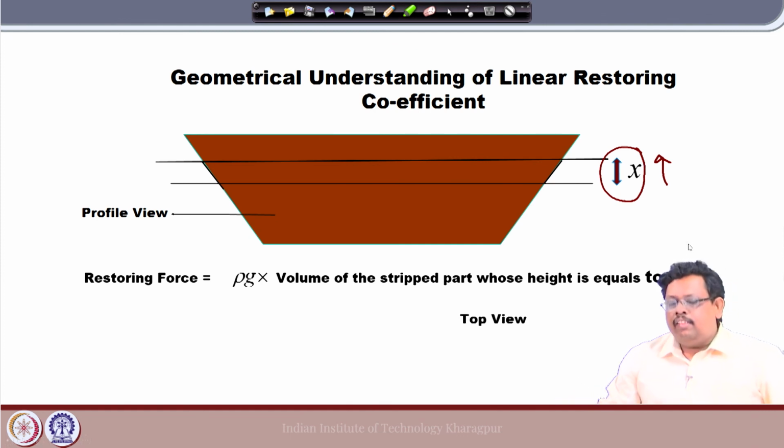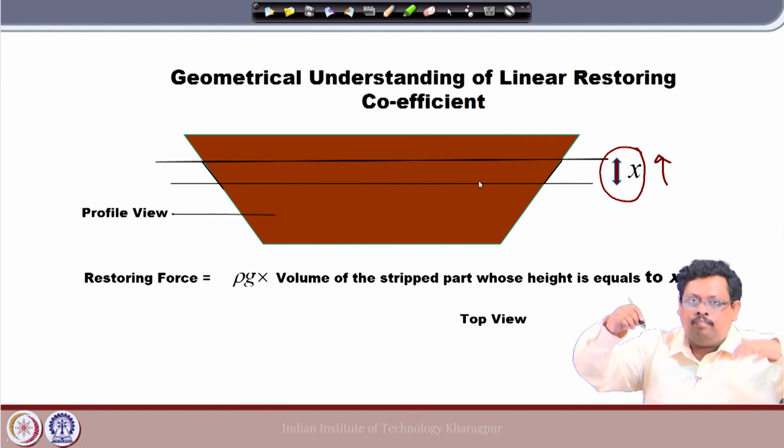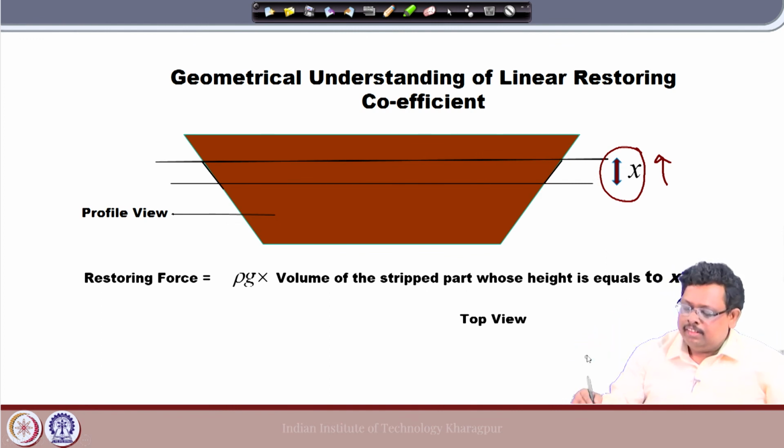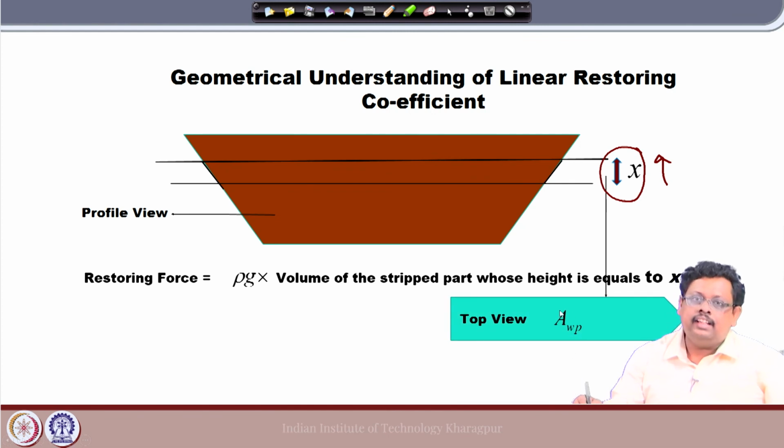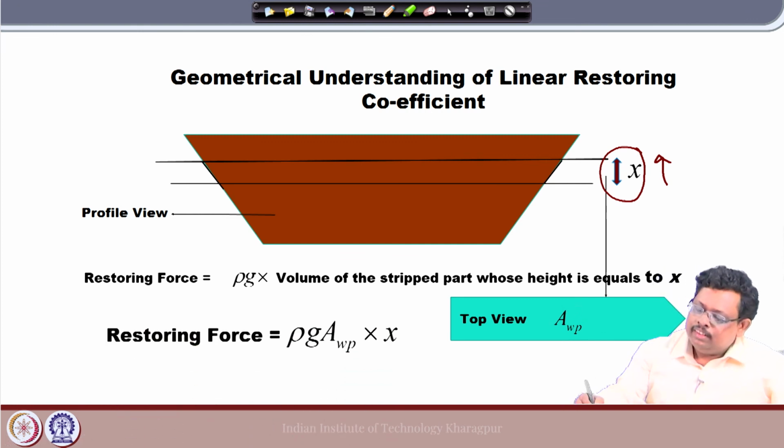Okay. Now, what is the volume of the strip part? Let us try to find out. If you look at the top view of the ship, this component is what we call the water plane area. So, what is the volume? The volume is basically this water plane area multiplied by this distance.